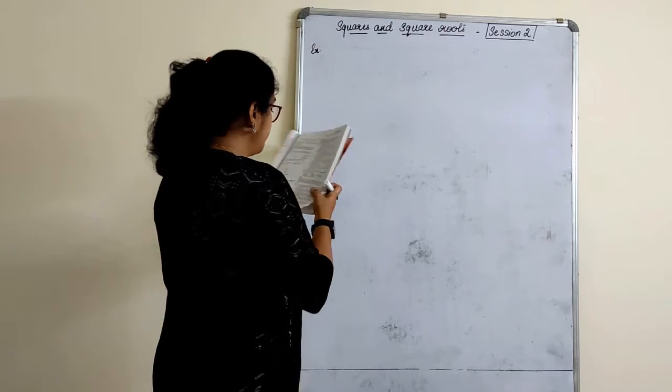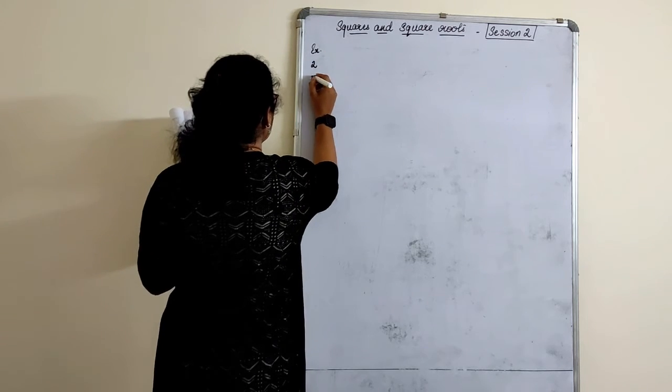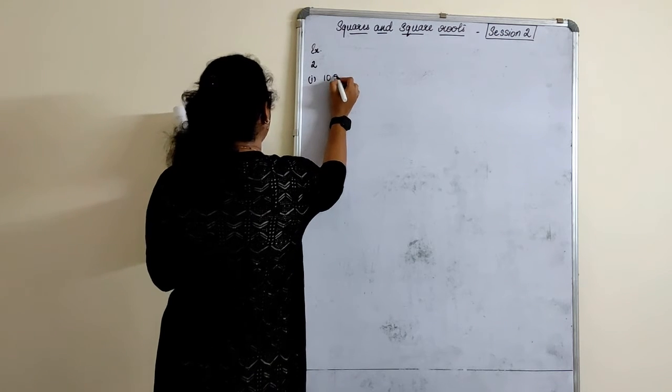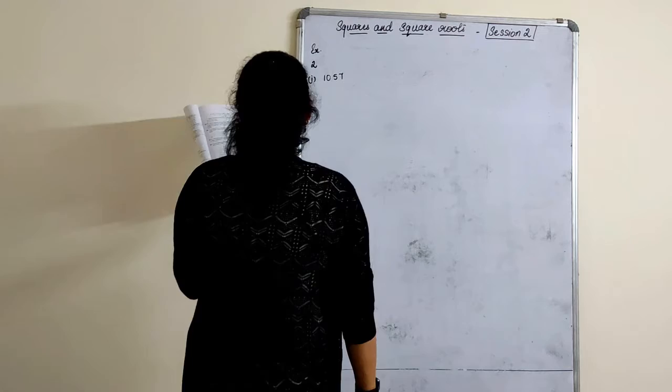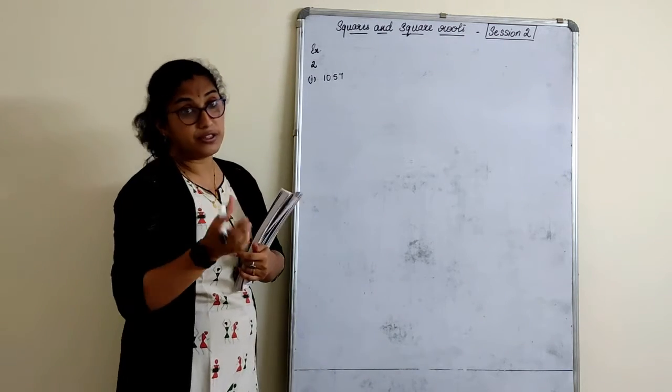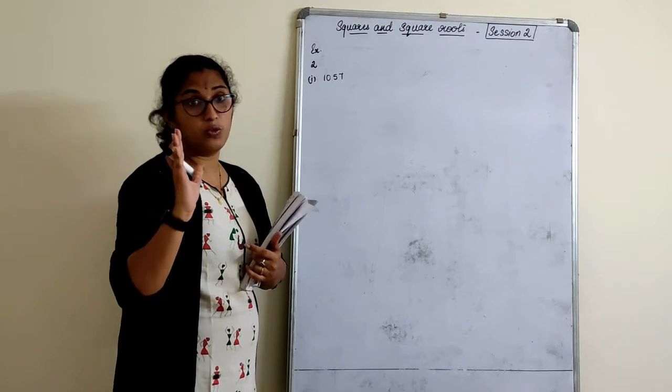Now the first one, second main, the number is 1057. I will only write the statement for the first one. The remaining statements you will write.